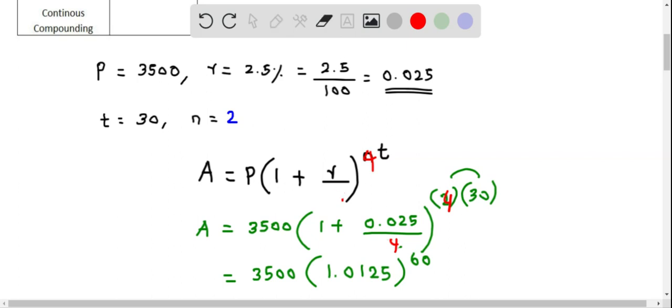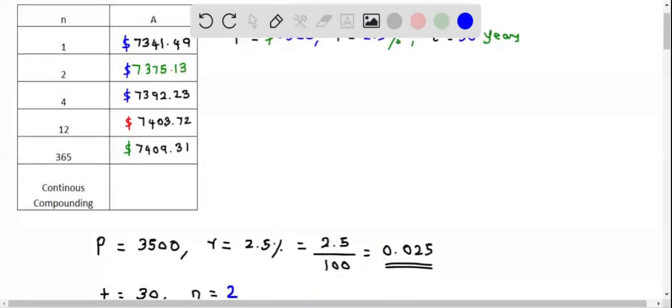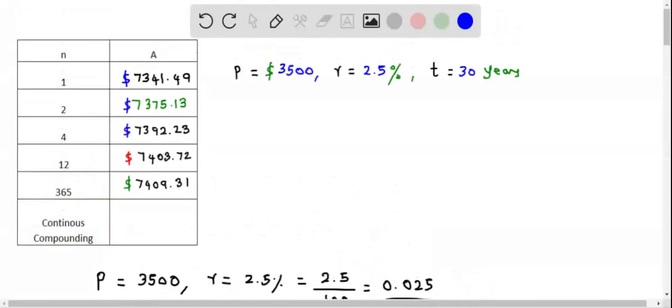Similarly, when n equals 12, we just have to change these to 12 and evaluate. This is 12t, and this is 0.025 divided by 12, raised to 12 times 30. So likewise, we can calculate for n equal to 4, 12, and 365.